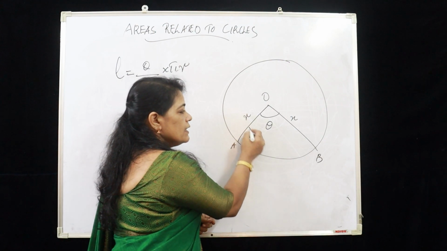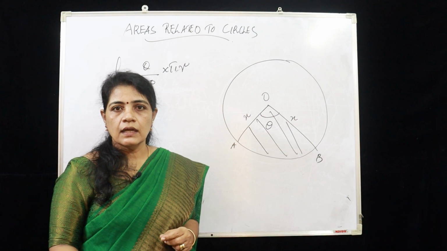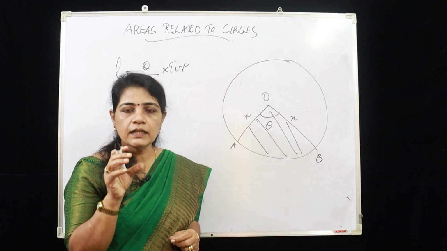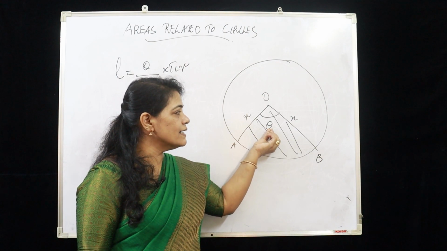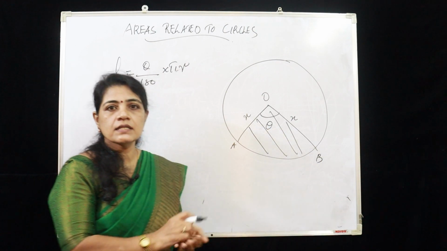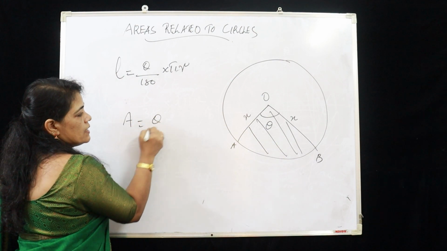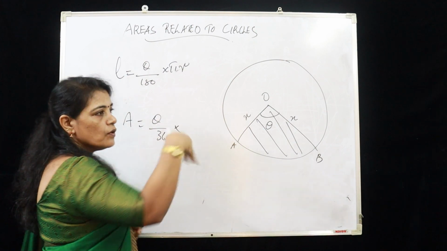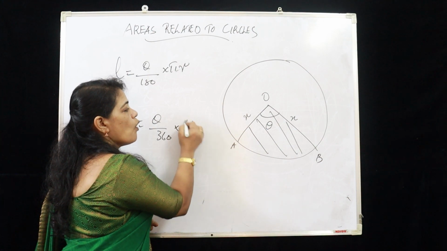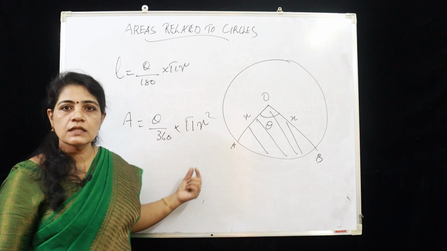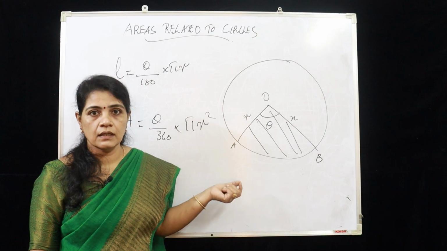Since we need the area enclosed by this region in terms of theta, out of the whole angle, that is theta by 360, out of the whole area pi r square, that is theta by 360 of pi r square. This is the formula for the area of a sector of a circle.